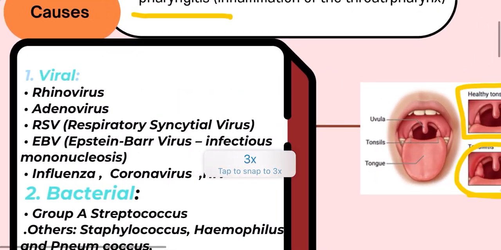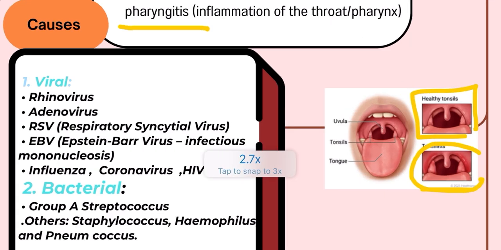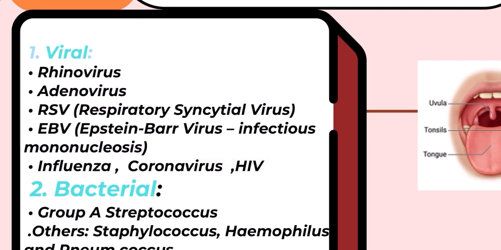Okay, causes. The general causes of tonsillitis are divided into viral tonsillitis and bacterial tonsillitis. The most commonly encountered cause is viral. Examples of viral causative organisms are rhinovirus, adenovirus, respiratory syncytial virus, and Epstein-Barr virus, which leads to a disease called infectious mononucleosis, also known as glandular fever.